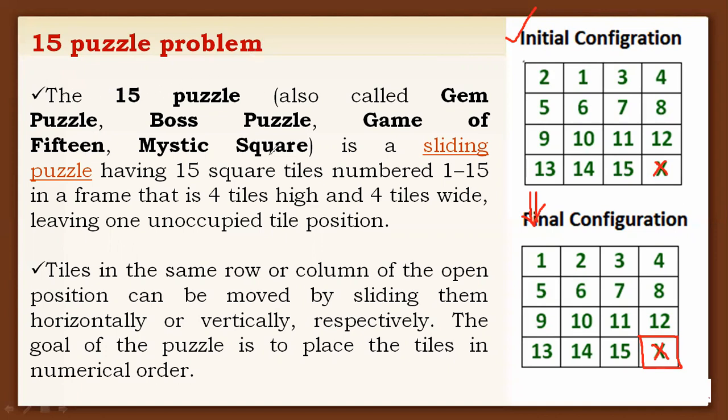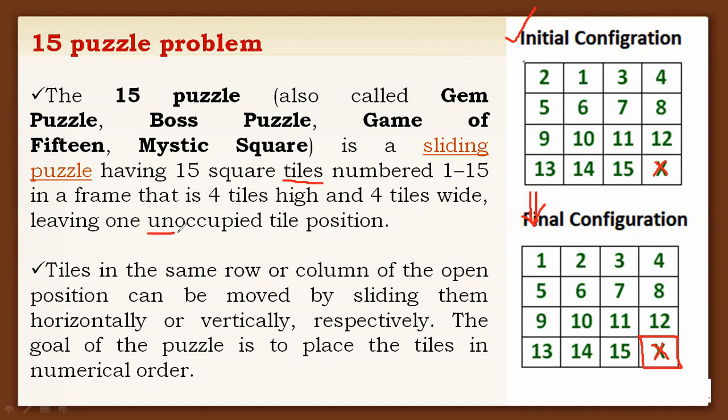The 15 puzzle problem has 15 individual squares, and each square is called a tile, numbered from 1 to 15 in a frame that is 4 tiles high and 4 tiles wide, leaving one unoccupied tile position.